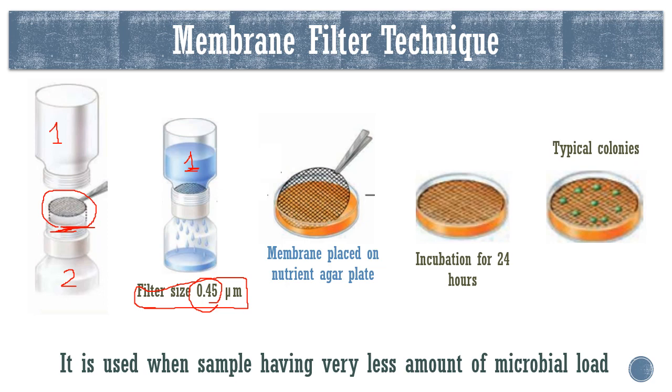The sample comes down through the filter into the bottom bottle, and the organisms present in that sample are stuck in the filter, because the pore size is smaller than the organism size, so they easily get stuck in the filter pores.